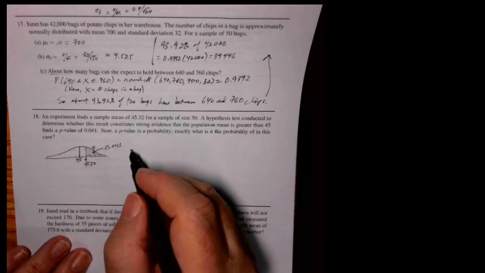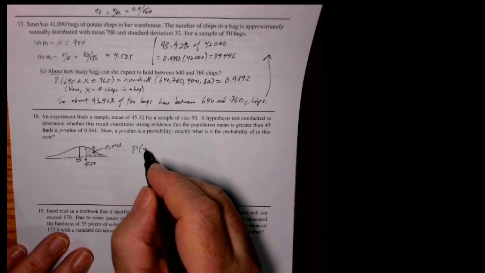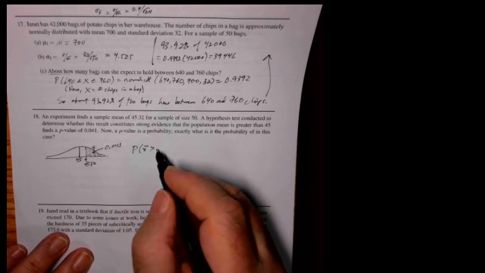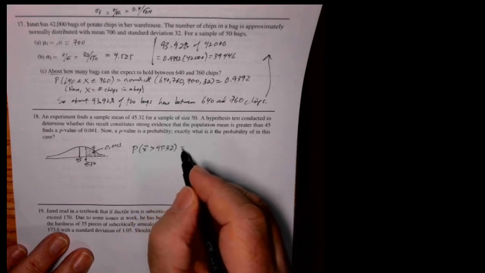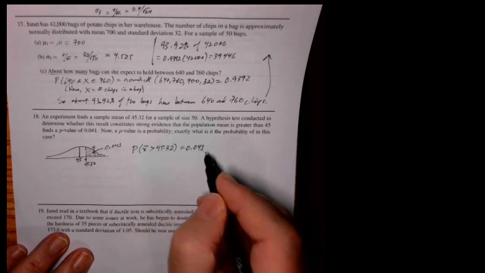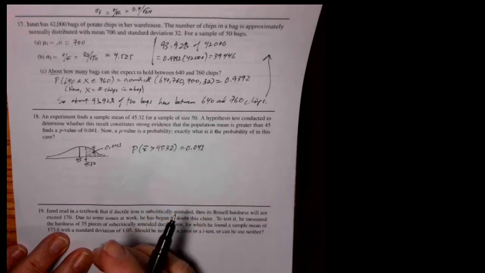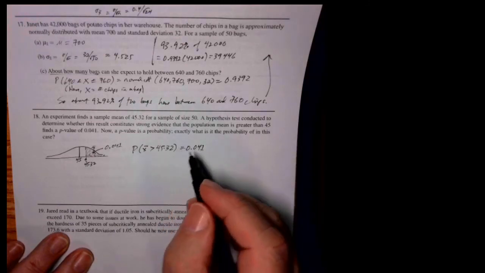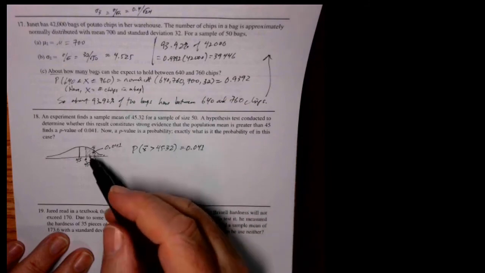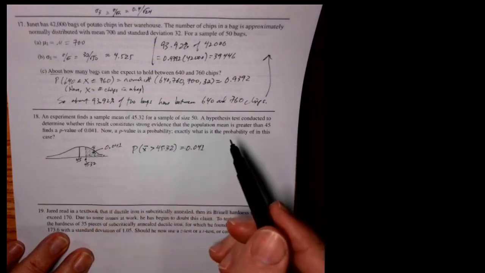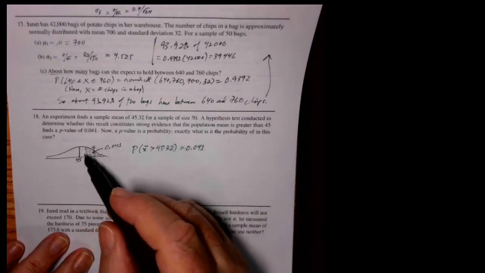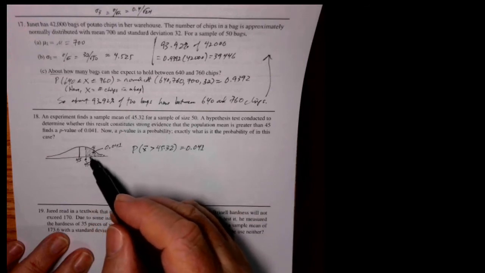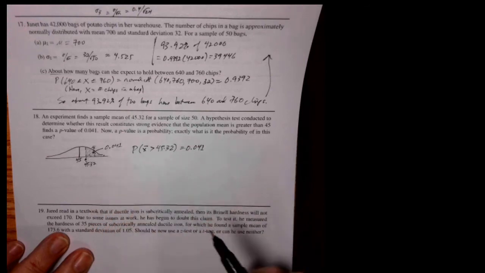So you could write this by saying the probability that x-bar is greater than 45.32 is 0.041, and that would express what p is the probability of here. It's the probability that the mean of a randomly chosen sample in this situation would be at least as large as 45.32.